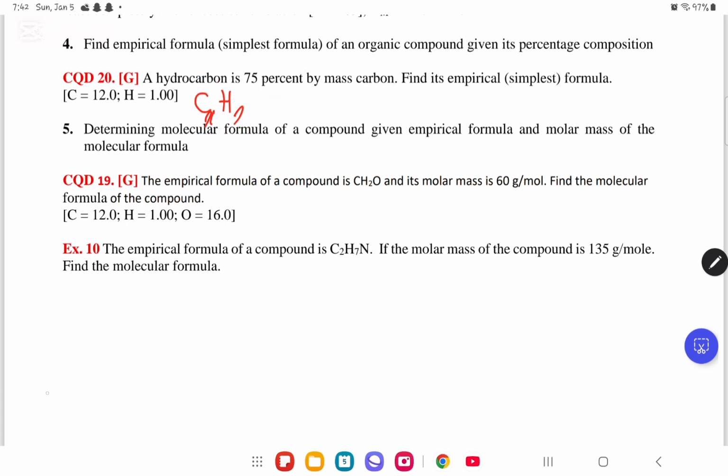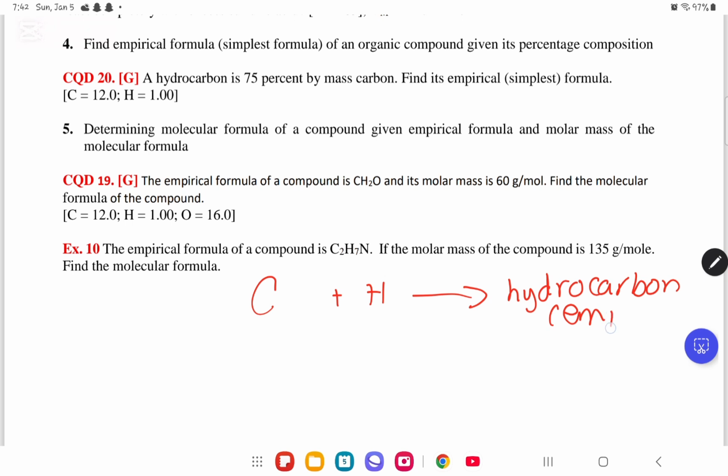We do not know what it is, but they gave us a hint telling us that our hydrocarbon is 75% by mass carbon. So if we are going to make a formula, we have carbon plus hydrogen will give us the hydrocarbon. We are going to find its empirical formula. Okay? They told us 75% by mass is carbon.